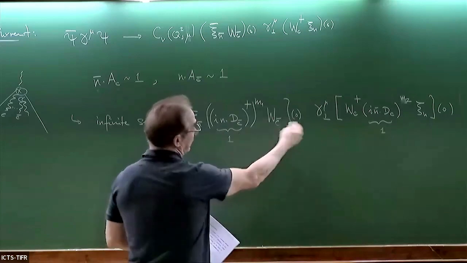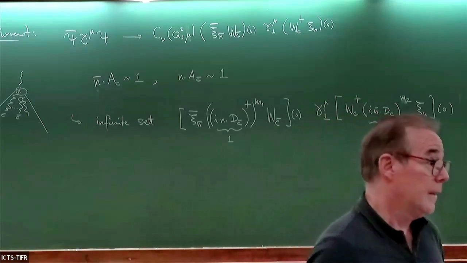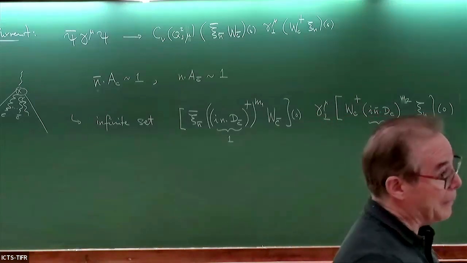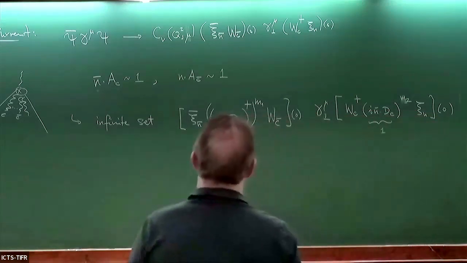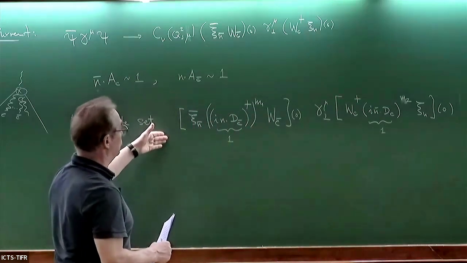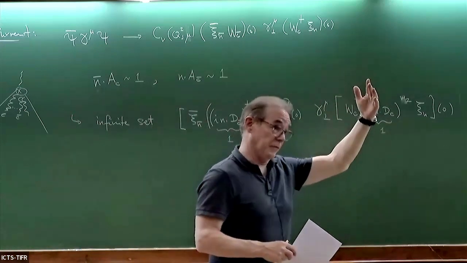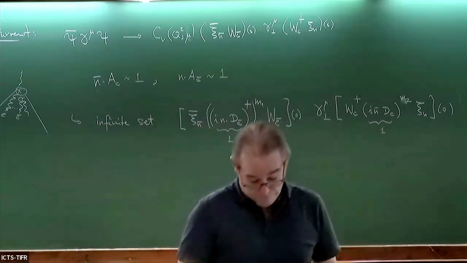So even though they have higher dimension in terms of mass dimension, they are not suppressed in terms of lambda. I would have to compensate somehow for the mass dimension by adding powers of 1 over Q squared, but these are the large derivatives, so they compensate for this 1 over Q squared suppression.